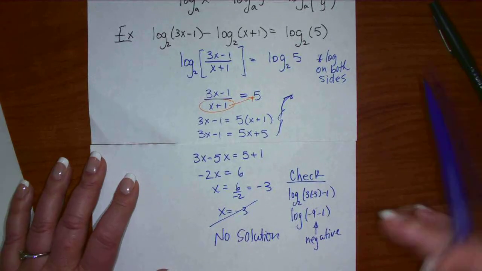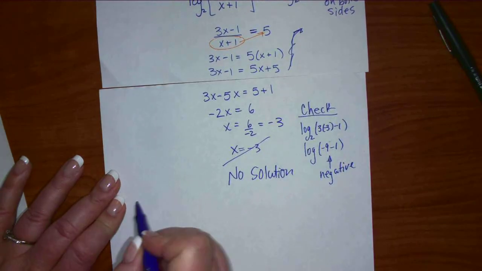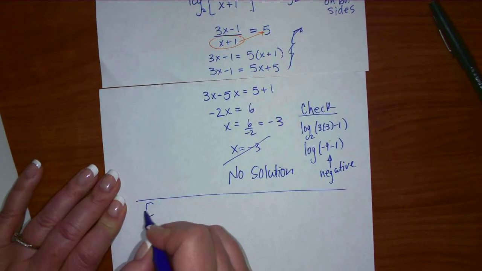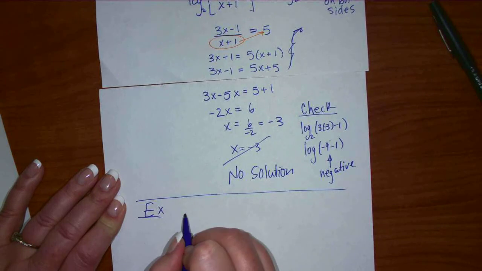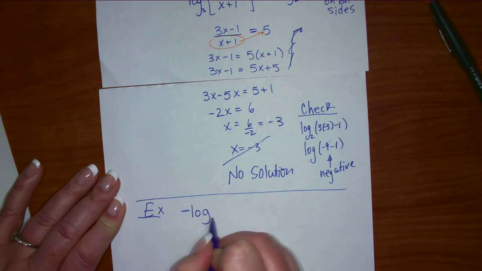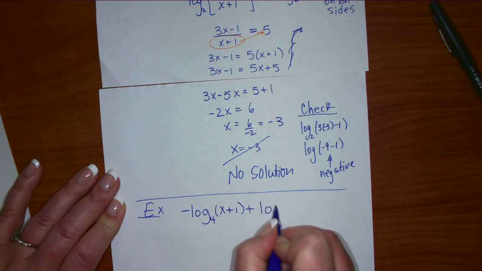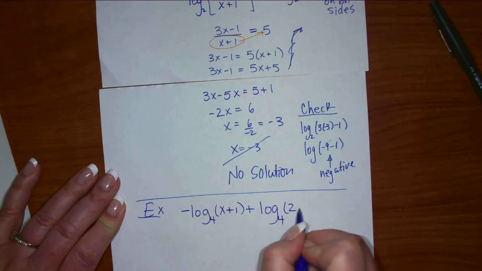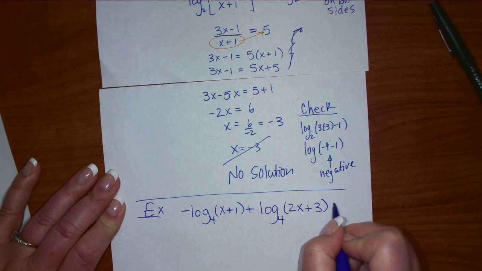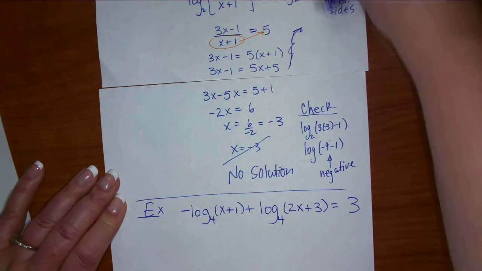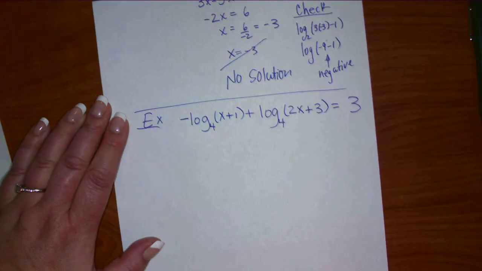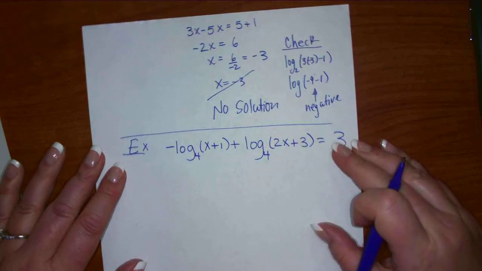Okay, so that's 1, and I said I do 2. So the second one looks like this. So this one doesn't have that log on the other side, it's just a number.